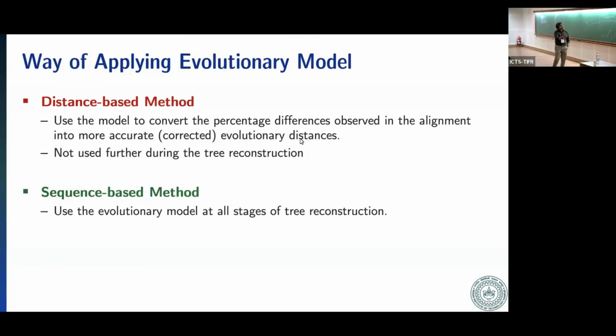Again, as I was saying earlier, you can start with something like a distance-based method. They are very fast, and after that you can apply this kind of sequence-based method.